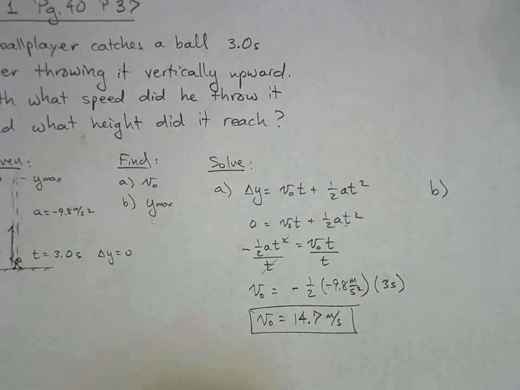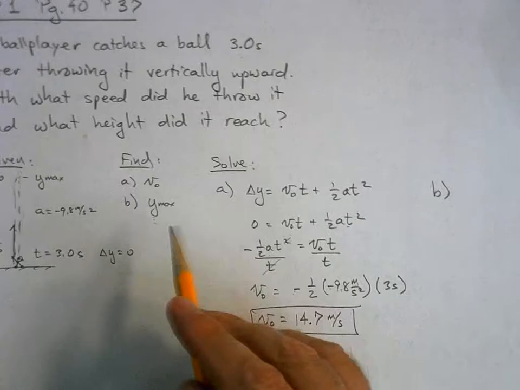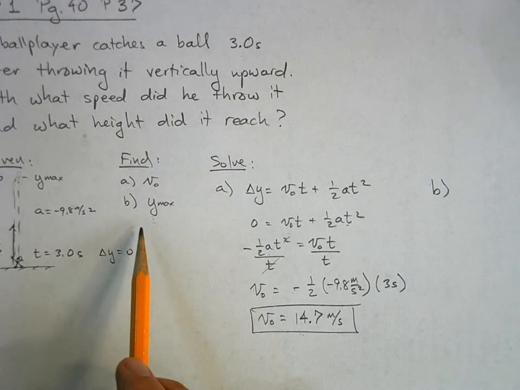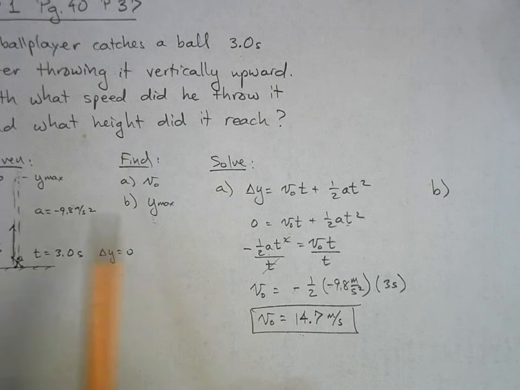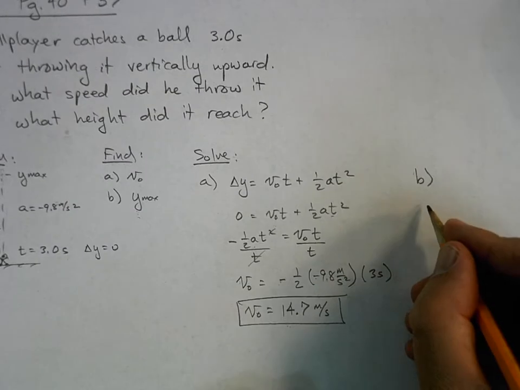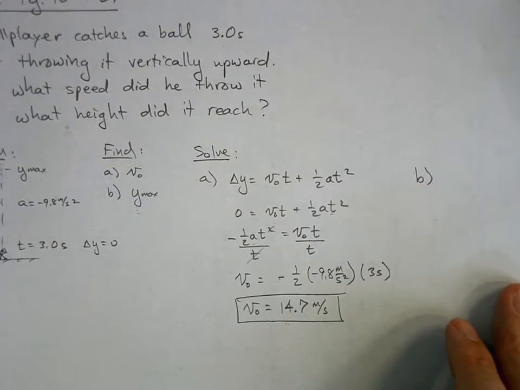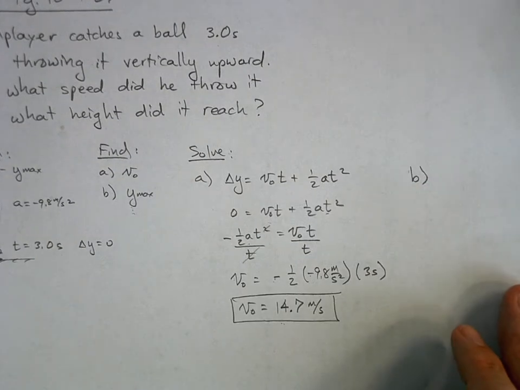Well, let's see, which one should I use? I'm just trying to think of what the best equation to use is, because we can pretty much use anything we want.